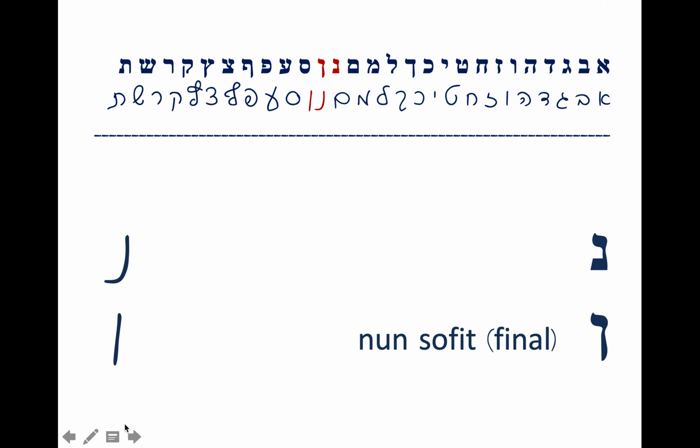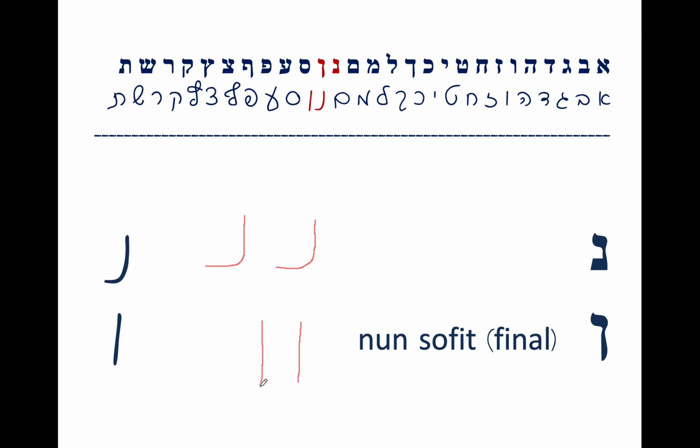Okay. Next letter is the letter nun. Nun. And nun is written like this. So very easy. Nun. And nun sofit. Again, nun sofit will come at the end of the word. Nun sofit, a line.